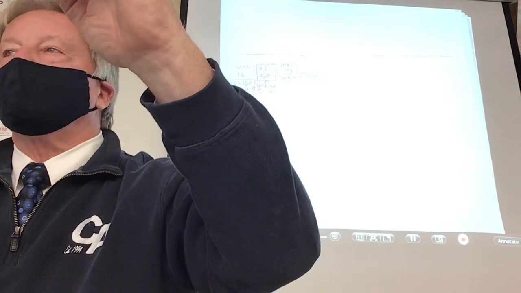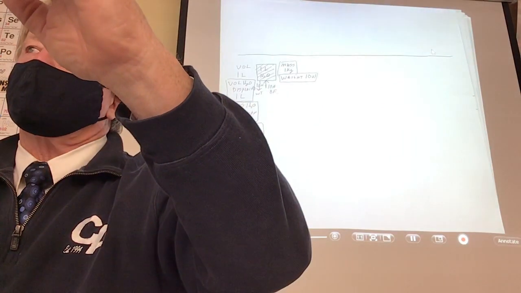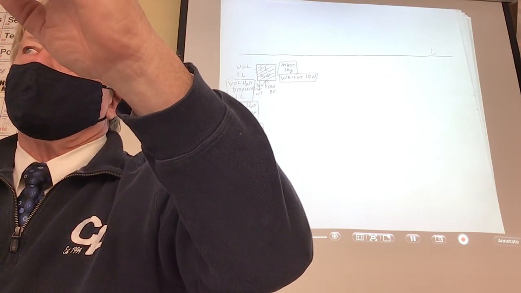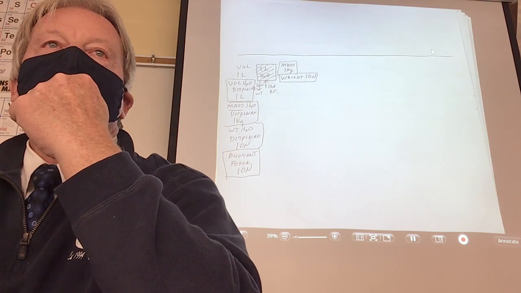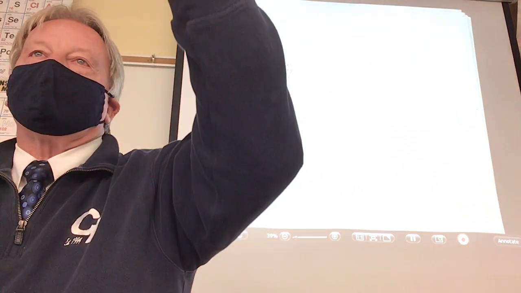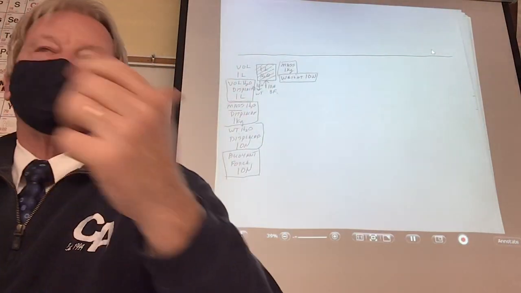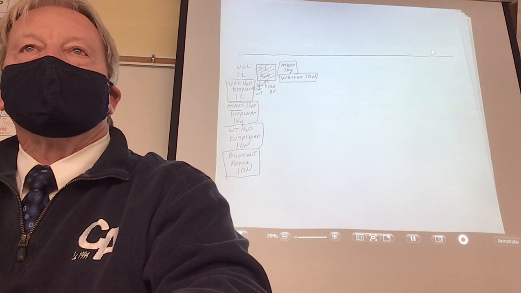I'm neutrally buoyant. If I'm sitting there 100 feet below the surface, and I'm not going down or up, which one is greater, buoyant force or weight? They're equal. They have to be equal. How did I make it equal? Before, weight was greater than buoyant force, but when I put some air in the vest, I became neutrally buoyant.